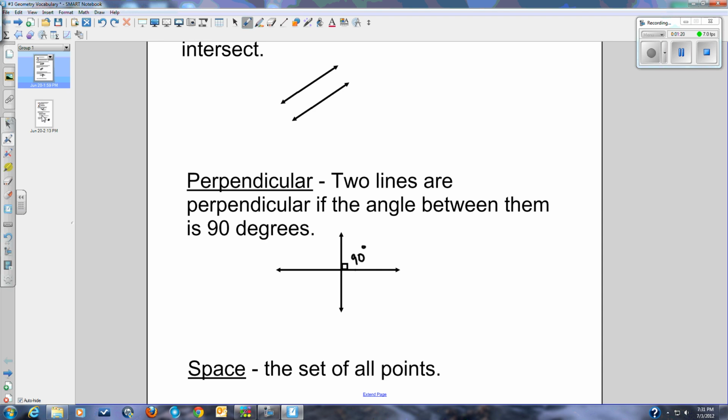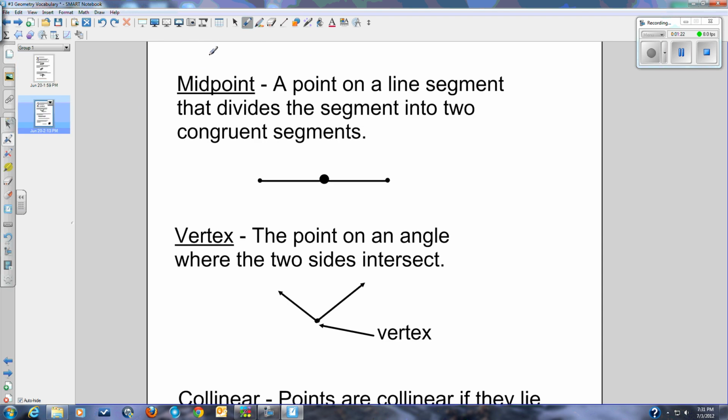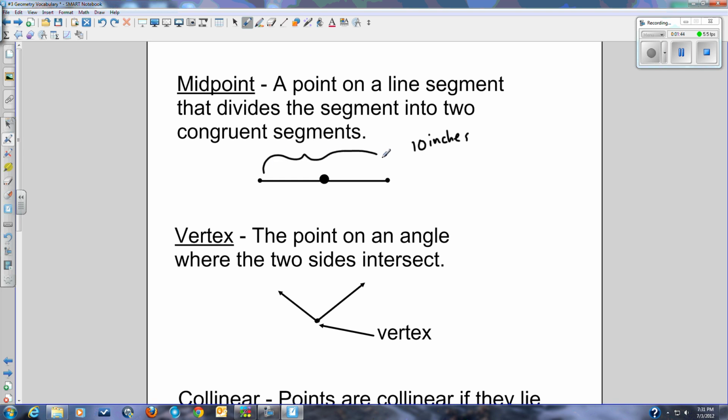Moving on to the next page. A midpoint. A midpoint is a point on a line segment that divides the segment into 2 congruent segments. So for instance, let's say that we knew that the length of this segment was 10 inches. So say we knew the whole thing measured 10 inches. I'll put that right here.